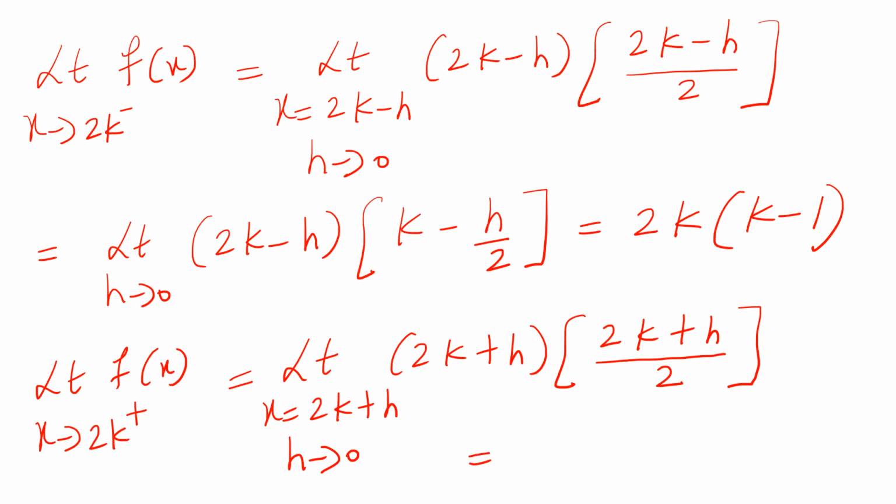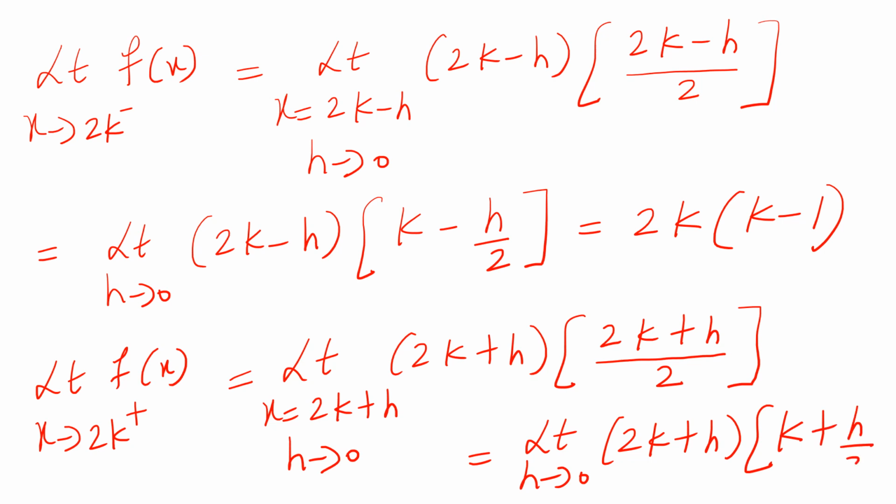Now this further becomes equal to limit h tending to 0, (2k plus h) into GIF of (k plus h by 2). Now k plus h upon 2 is slightly greater than k. So that means GIF of (k plus h upon 2) will become equal to k.